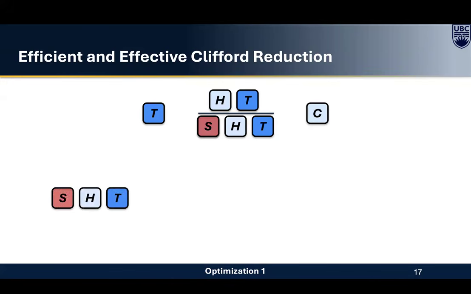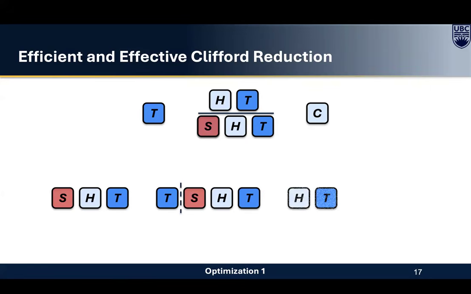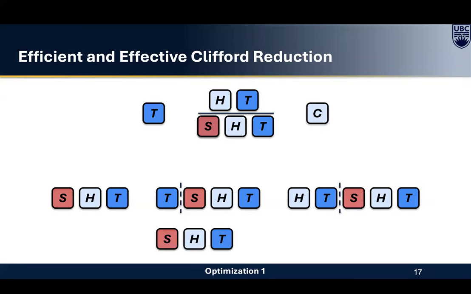First possibility is that we do not have the leading T, and then immediately start with the SHT sequence. The second case is that we do have a leading T, followed by this SHT. The third case is that in the middle of the sequence, we first have an HT sequence, followed by the SHT. The last case is that also in the middle, we have SHT followed by another SHT.